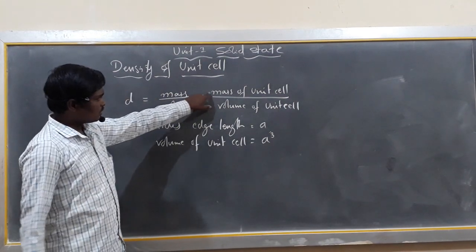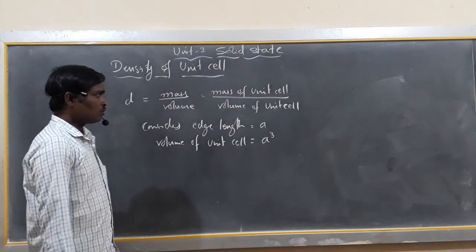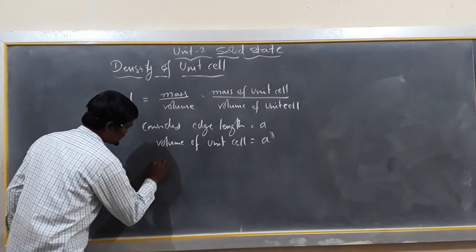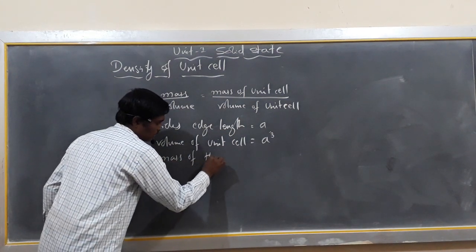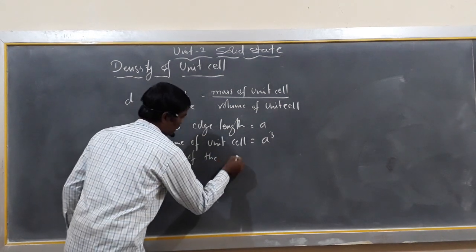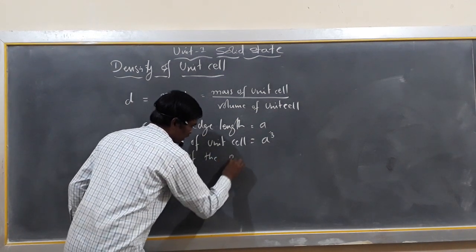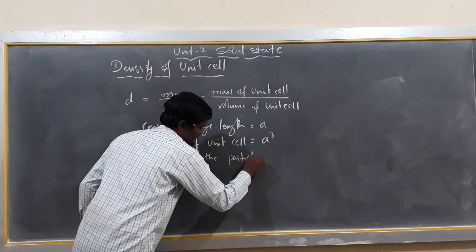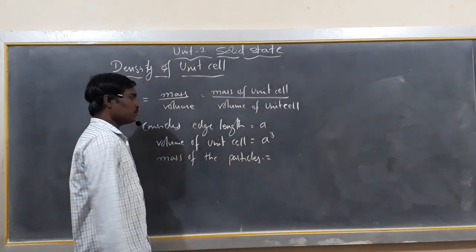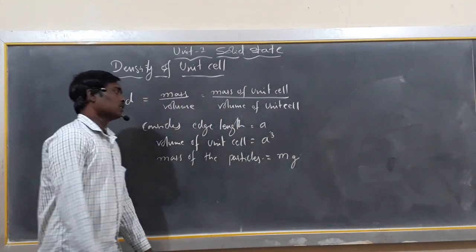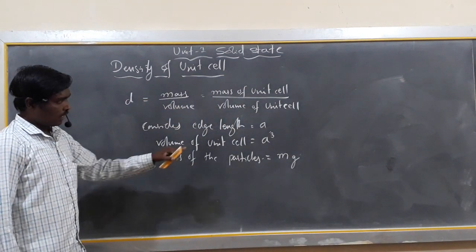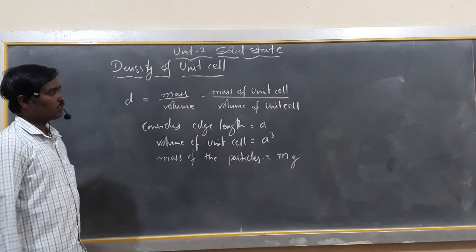And in the numerator is the mass of unit cell. So let me define the mass of each particle as small m grams. So the mass of one particle is defined as small m.